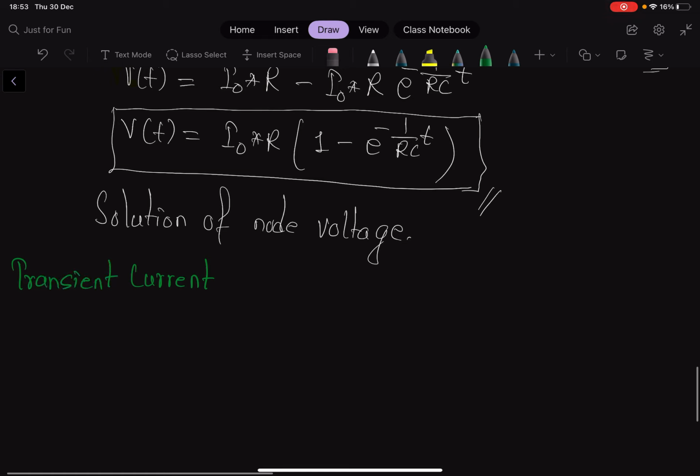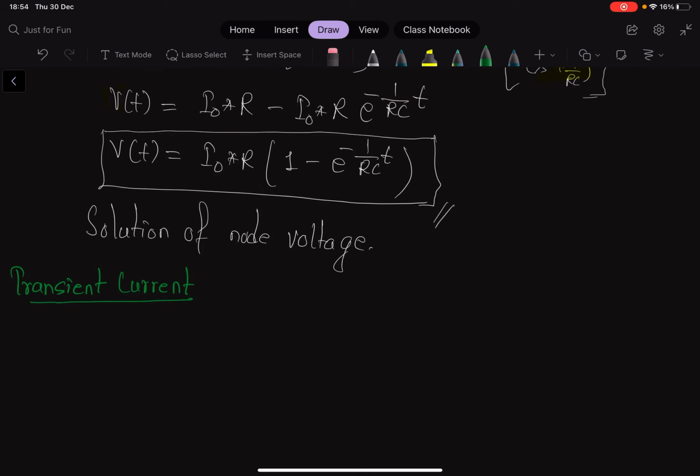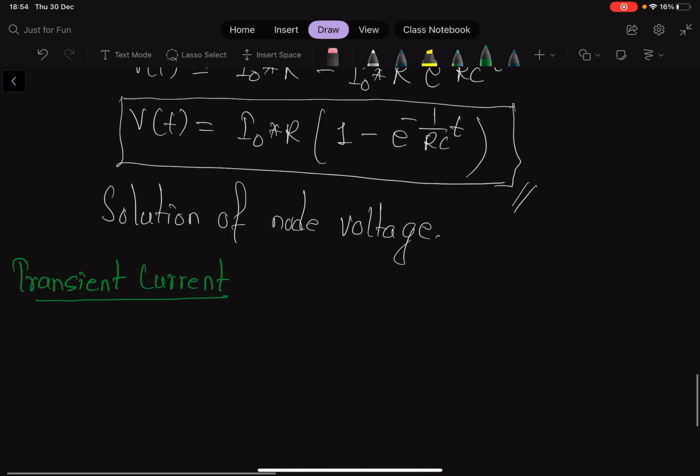There are two currents basically. What are the currents we are looking at here? Transient current through the resistor, which is nothing but IR.